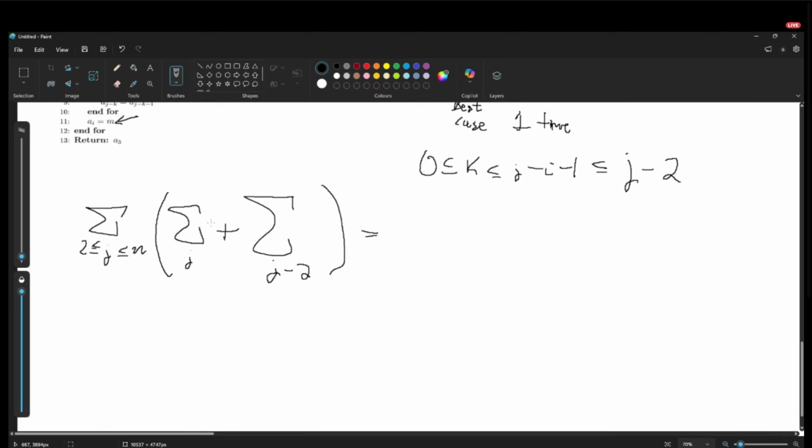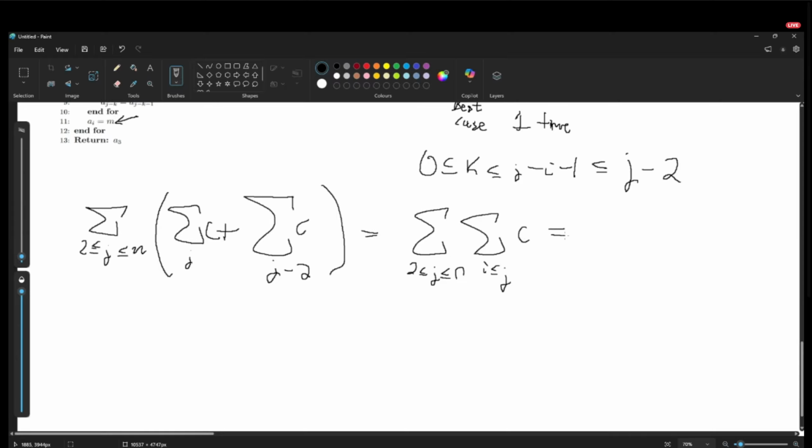So all in all, if I write a constant c for a constant instruction, this is the same as saying j is between 2 and n, and i is always less than or equal to j, times c.